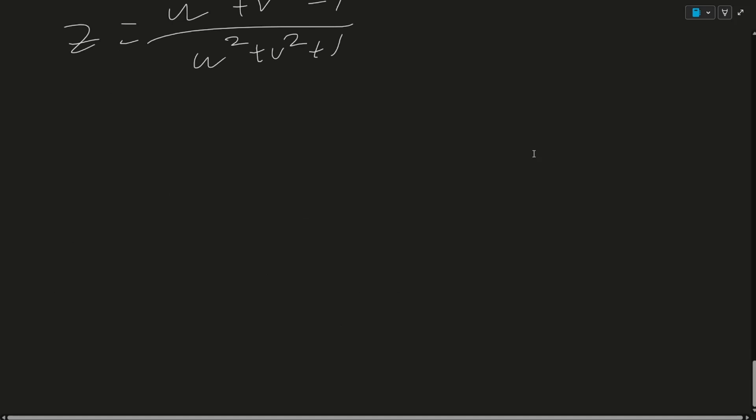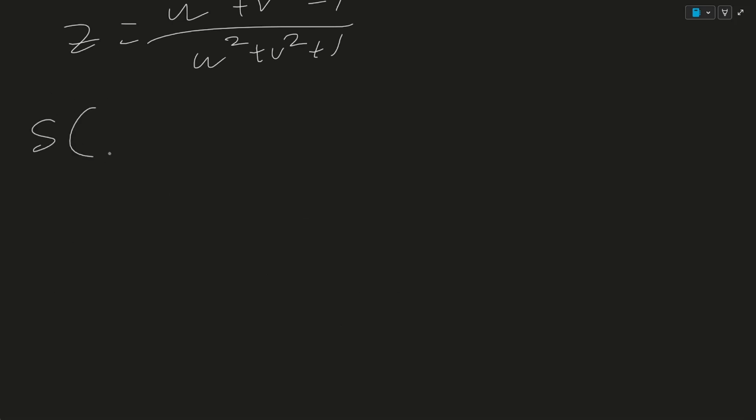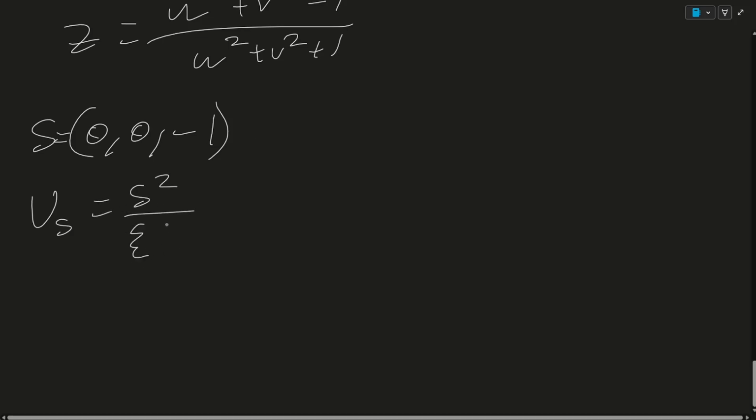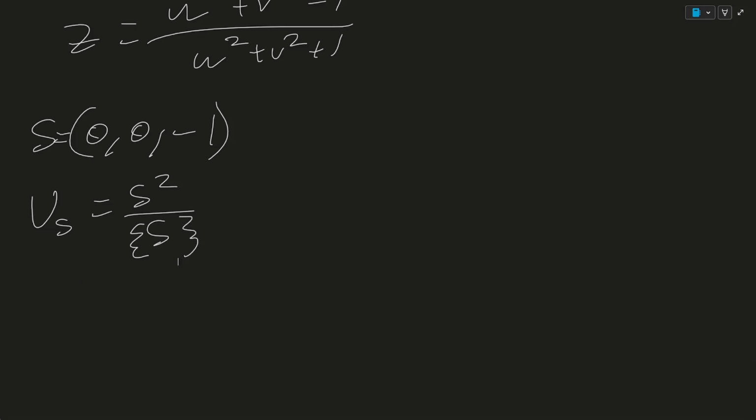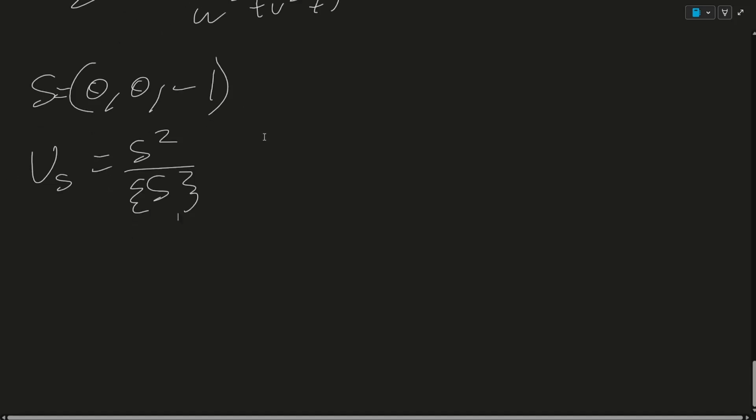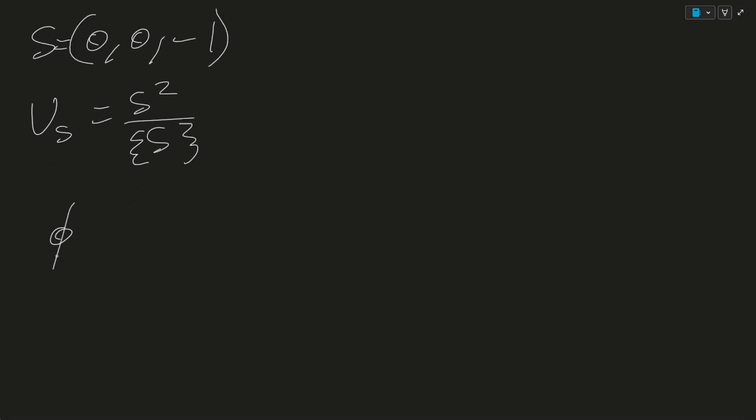Now, if we look at the south pole projection, we can do the same thing, except it's going to be (0, 0, minus 1) as our south pole, and we have U_S be S2 minus the set of S. And if we again project our point (x, y, z) through S, we get a similar-ish thing as the north pole.